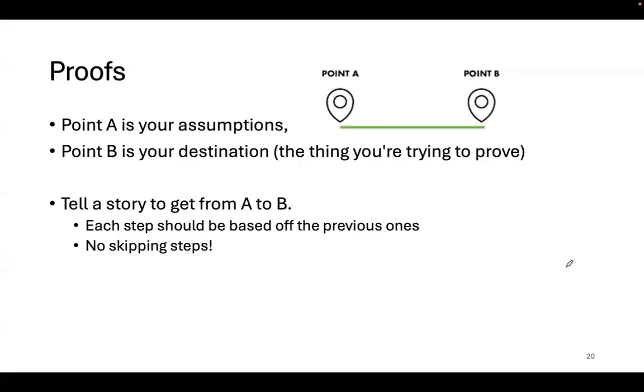And so we want to be able to tell a story to get from A to B in a way that the reader can understand each step. So we're going to take individual steps and say, I start from here, now I go here, now I go here, and therefore we've reached our conclusion.